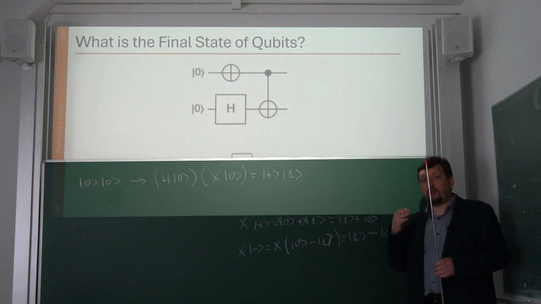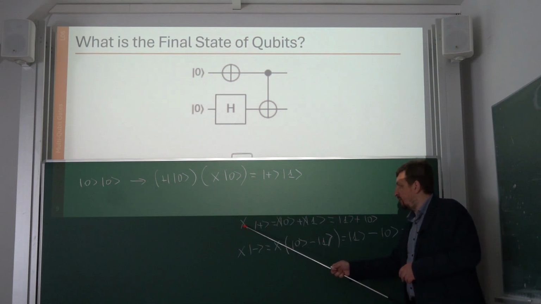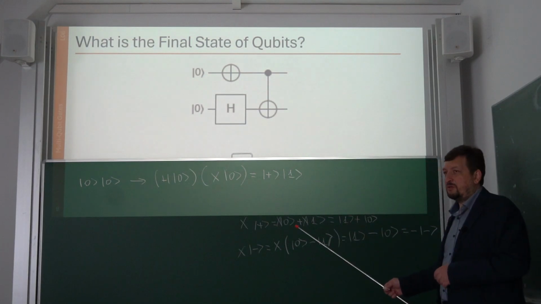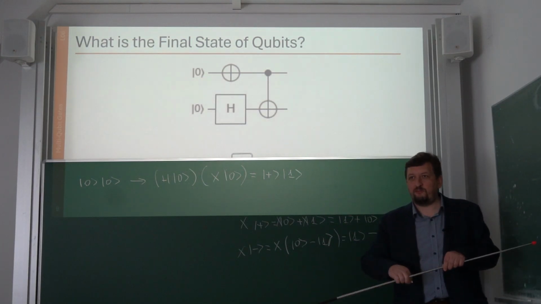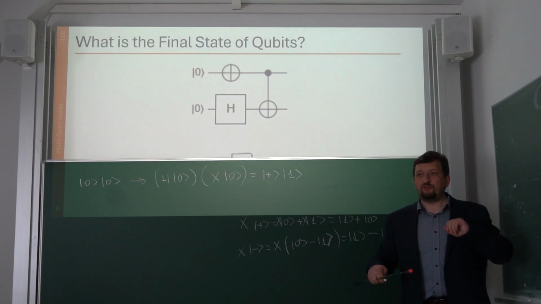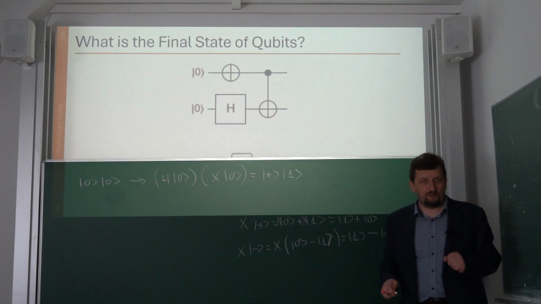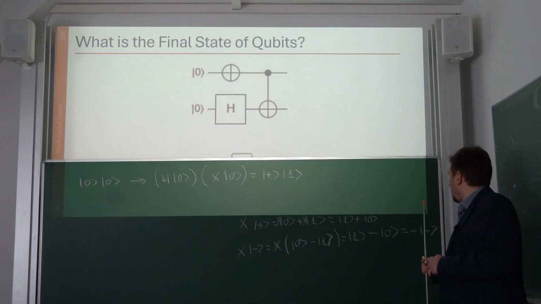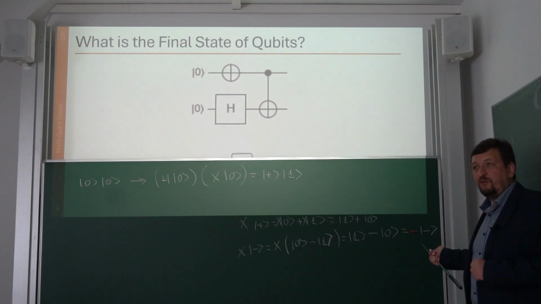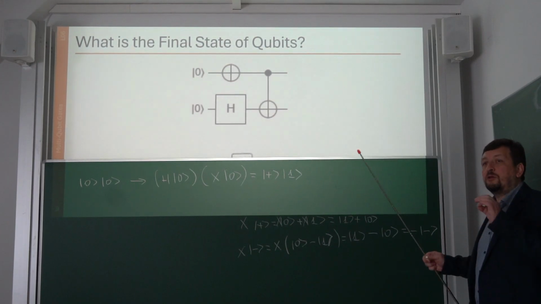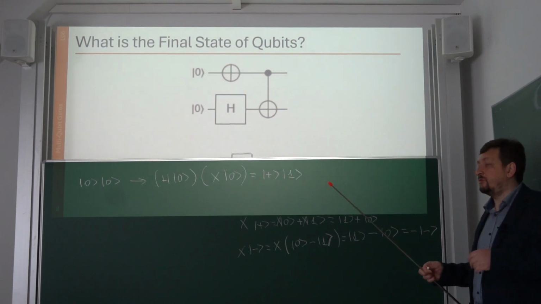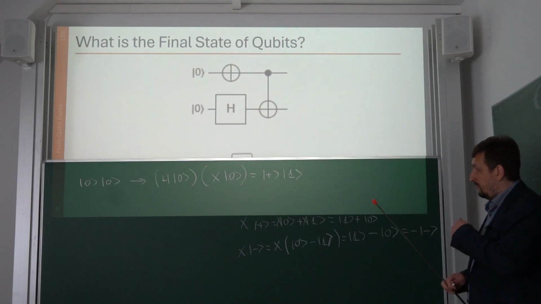But if you don't have enough experience, you can think, okay, X plus is the same as plus, X minus is the same as minus, so then you use superposition of the states and you get the wrong result. Because this global phase, when we consider just the state minus, becomes a relative phase when we consider a superposition of plus and minus.